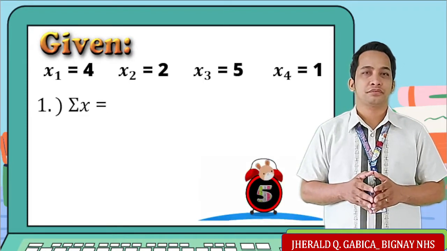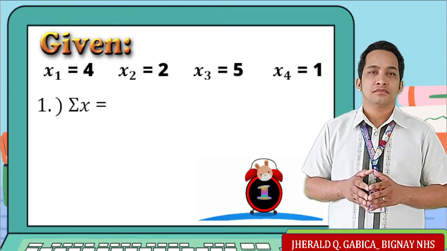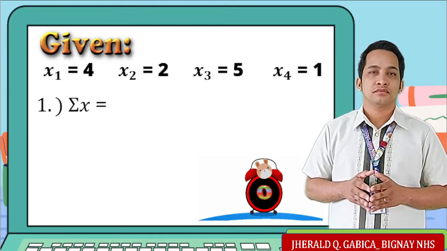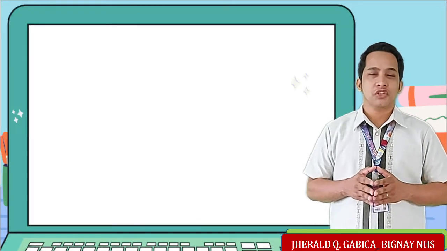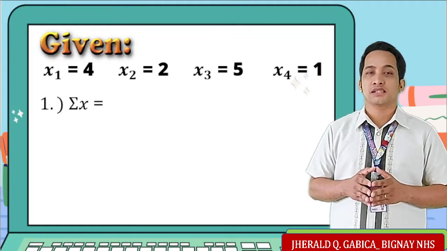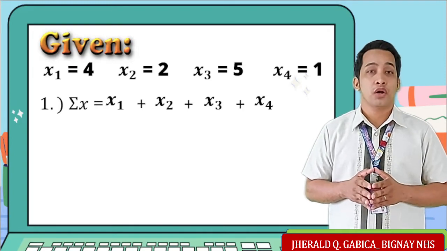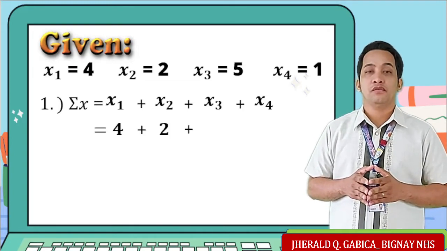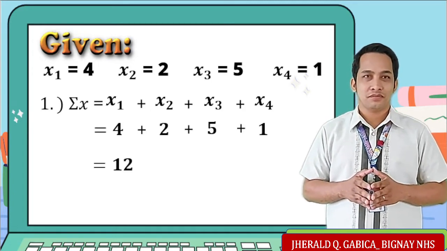Go. 5, 4, 3, 2, 1. Time's up. Let's have the solution. Summation of x equals x sub 1 plus x sub 2 plus x sub 3 plus x sub 4. That is 4 plus 2 plus 5 plus 1. So the correct answer is 12.